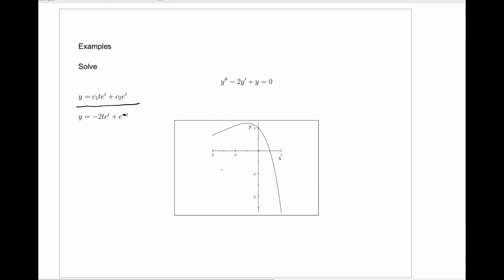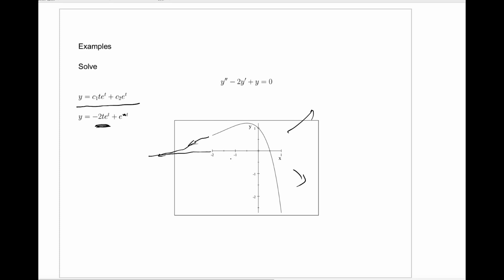If you run t in the opposite direction, you'll see that the solutions approach 0 as t goes off to minus infinity. The solutions will very quickly get close to the x-axis there. But to the right, you'll have solutions blowing up either in the upwards direction or the downwards direction, depending on the sign, in fact, in this case, of the t e to the t term, which is the one that will dominate the e to the t term.